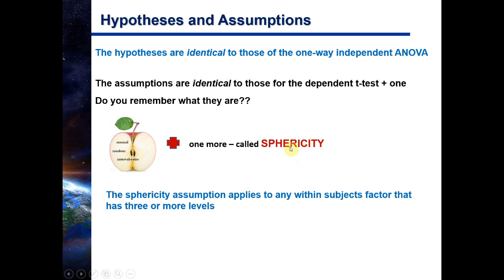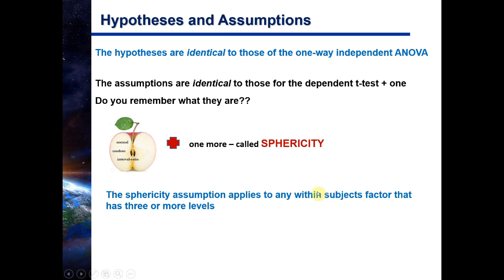You would think, well, the dependent t-test and the one-way repeated ANOVA both either test the same people in each group or different but matched people. So why aren't the assumptions identical? Well, sphericity only gets tested if your within subjects factor has three or more levels. And with a t-test, you only have two levels, t for two.